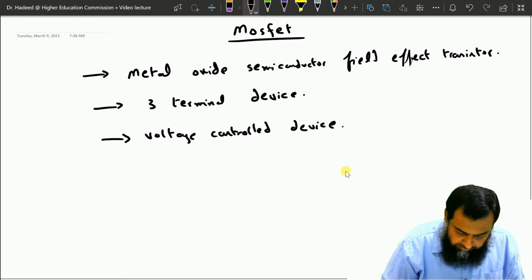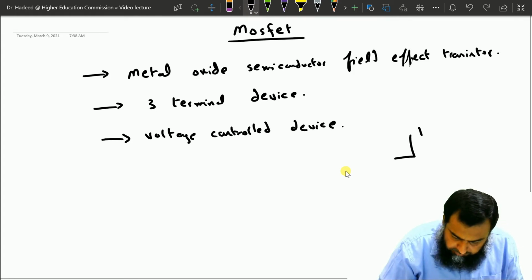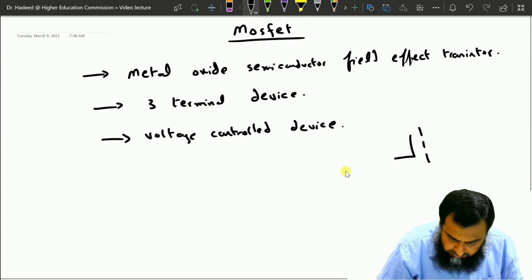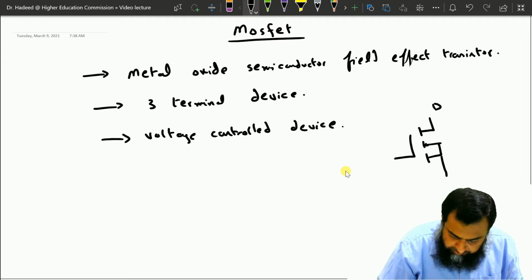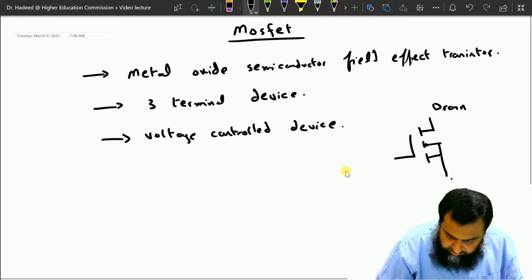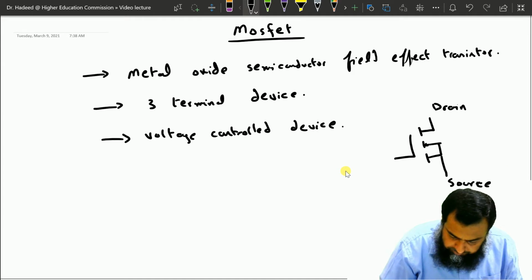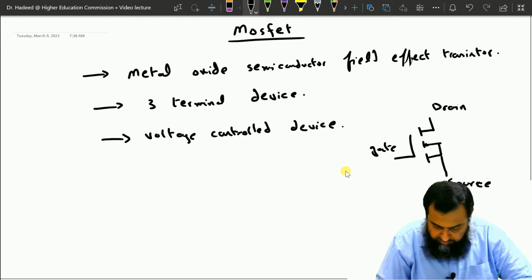such that we have a gate terminal. This is a symbol here. We have a drain here. This is the source, and here we have the gate.